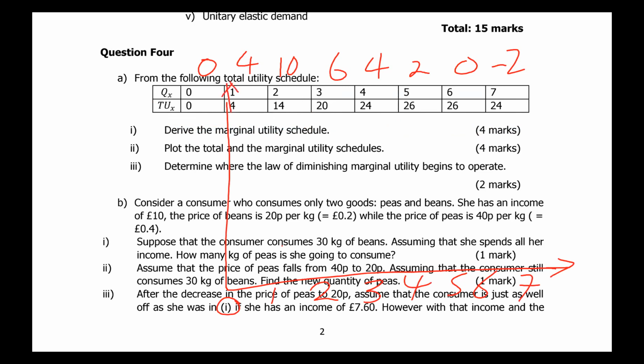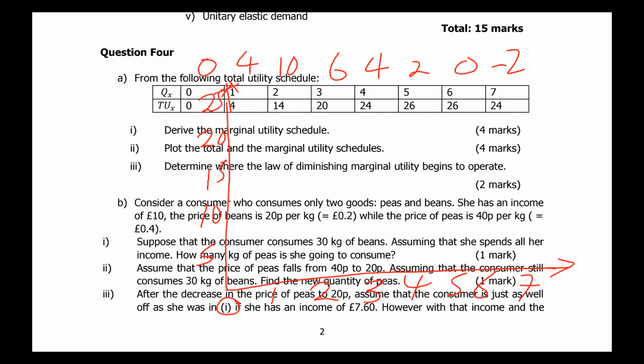So let's plot for total utility. Our total utility is from 0, we have 4. We can put in groups of 5, I think. Let's say 5, we have 10 here, we have 15, we have 20, and 25.